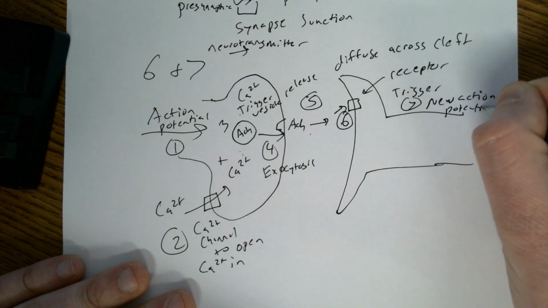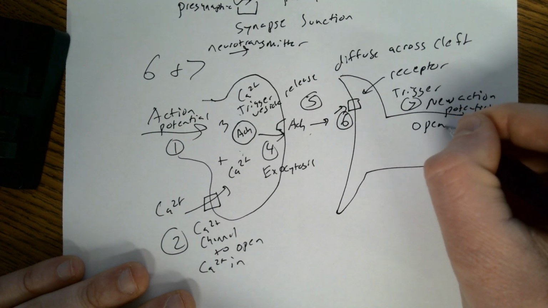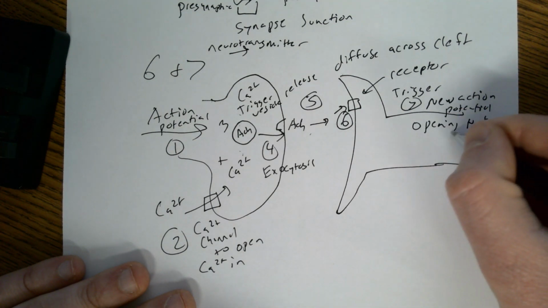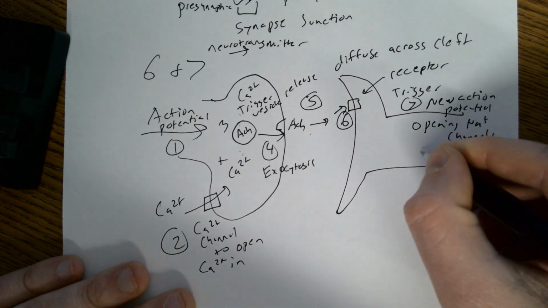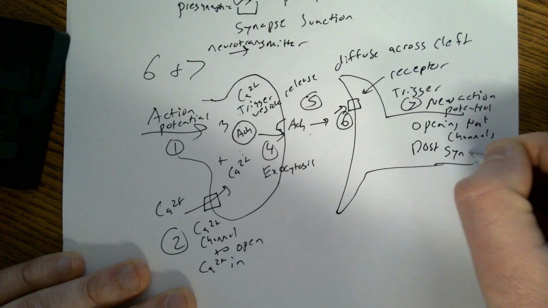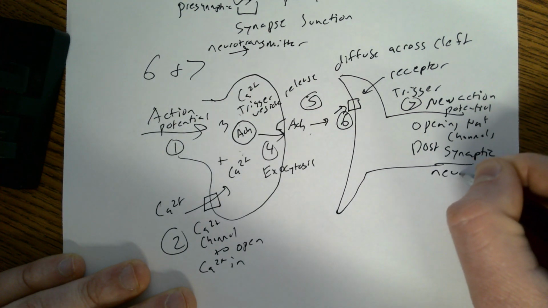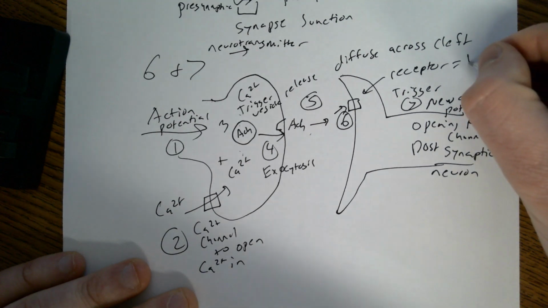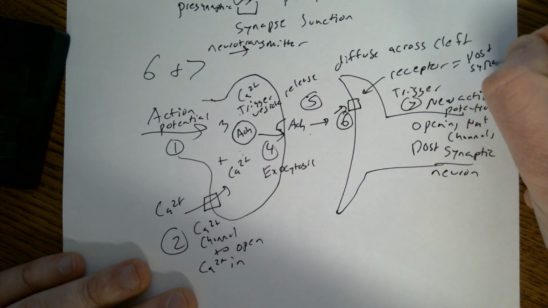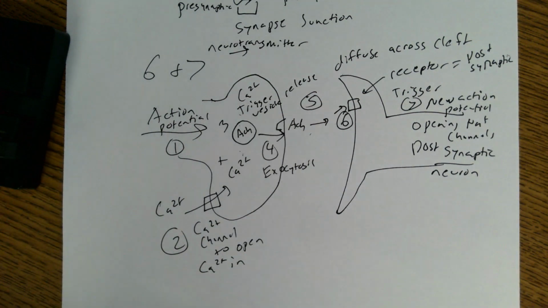It does that by opening sodium channels on the postsynaptic neuron. One really important thing: the receptor is also on the postsynaptic neuron. IB will ding you if you don't say postsynaptic or presynaptic. You need to make it very clear you understand which neuron you're referring to, the presynaptic neuron or the postsynaptic neuron. If you don't do that correctly, you'll lose all the points.